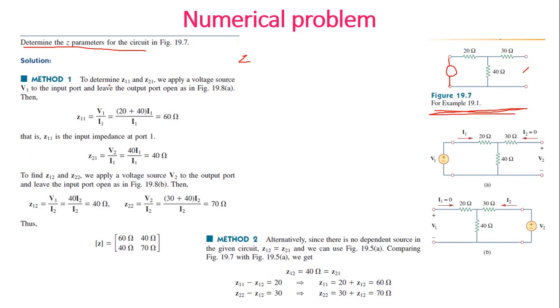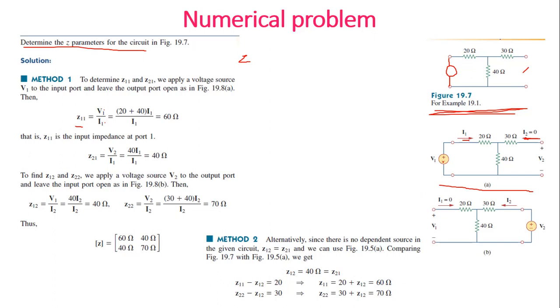Okay. So first, to determine Z11 and Z21, we apply a voltage source V1 to the input port. Consider this diagram. You can see that V1 is connected to the input port. So obviously we will have I1, and the output port is open circuited, so the current I2 is 0. Now we can write Z11. Z11 is equal to V1 by I1.